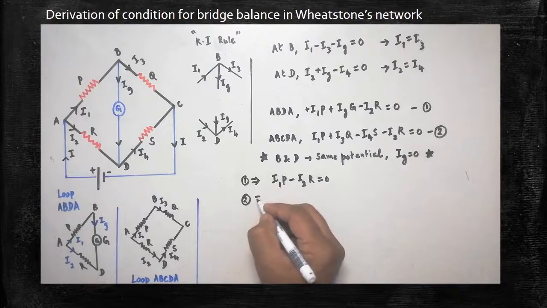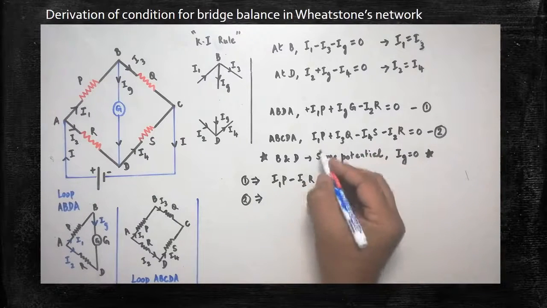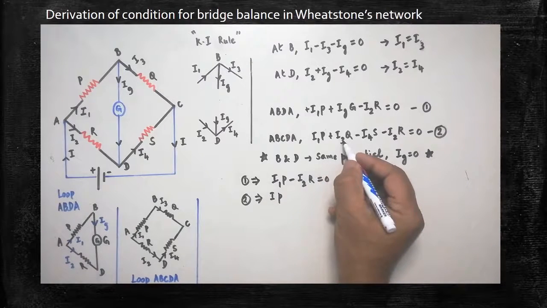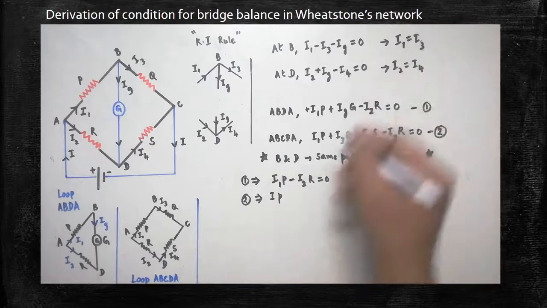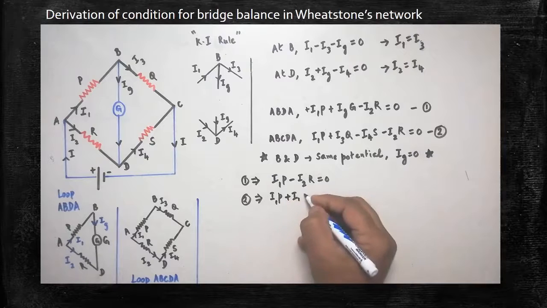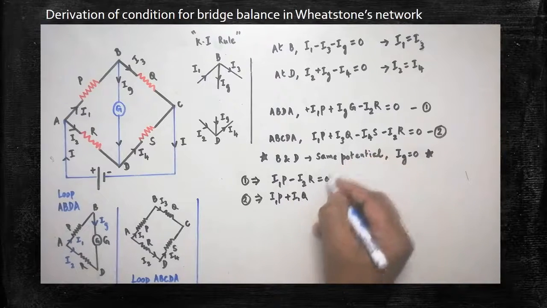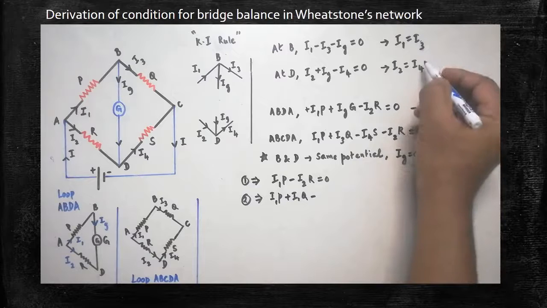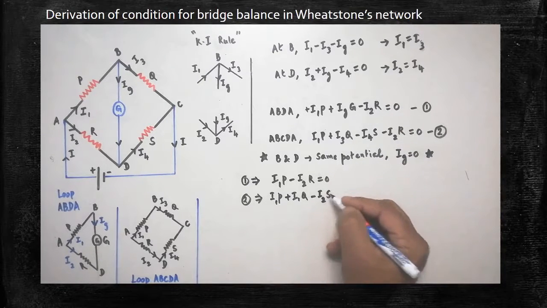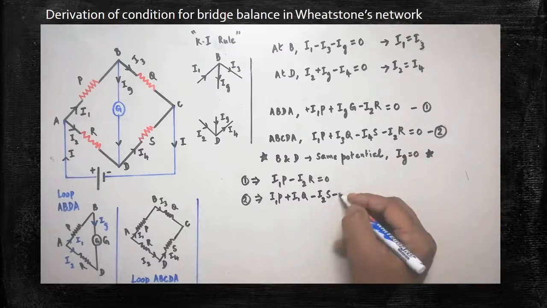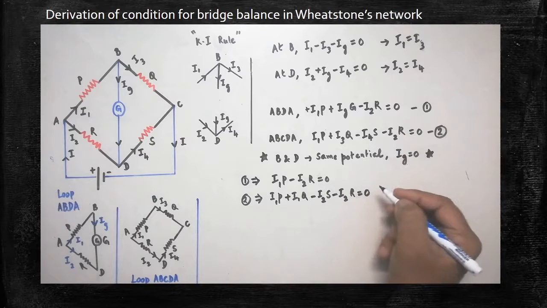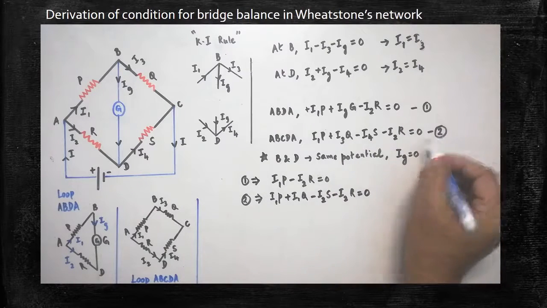Now equation 2 can be written in another form: I1 P, and instead of I3 we can substitute I1, therefore plus I1 Q, and then minus, instead of I4 we can substitute I2, I2 S, minus I2 R. So this is equation number 2 rewritten.